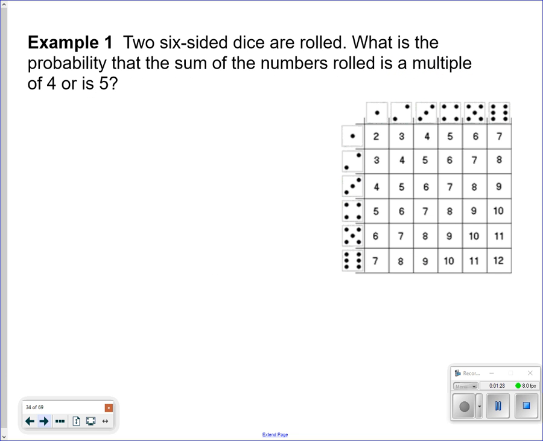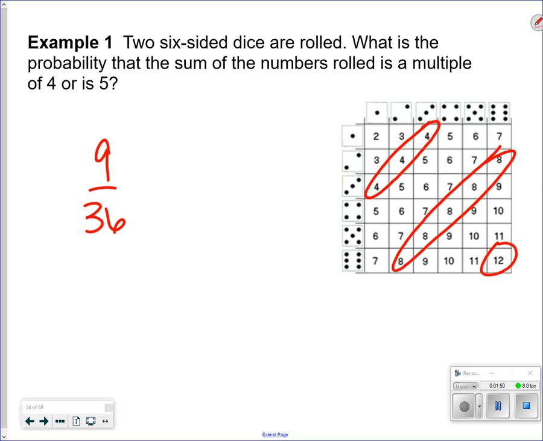Two six-sided dice are rolled. What is the probability that the sum of the numbers is a multiple of 4 or is a 5? So I'm going to circle the multiples of 4. So we've got multiples of 4, and there are 1, 2, 3, 4, 5, 6, 7, 8, 9 multiples of 4 out of the 36 possible rolls.